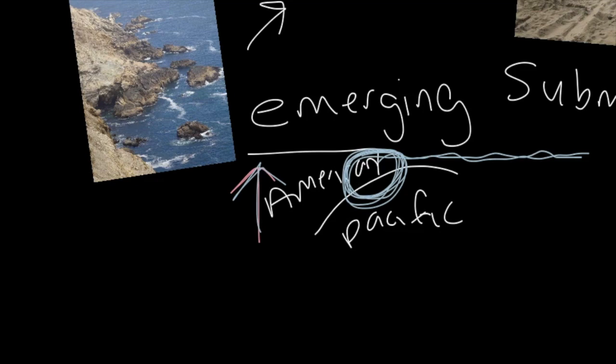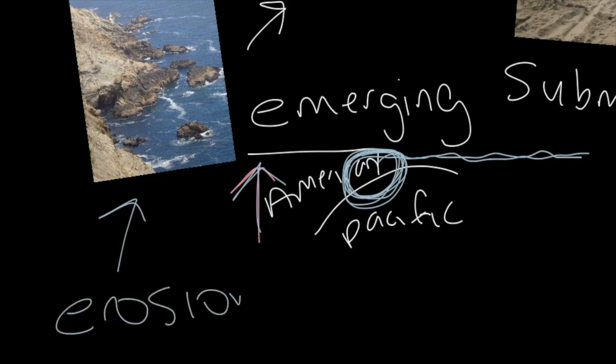This wave action essentially will flatten out the beach over time. So emergent coasts, like this one, are young and have yet to be eroded. So they're also known as erosional coasts because they're being eroded.